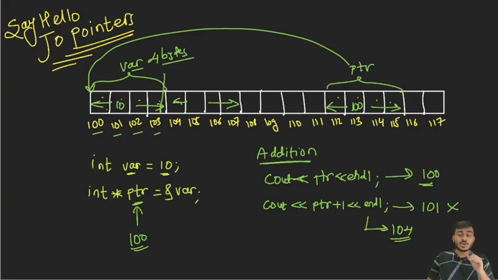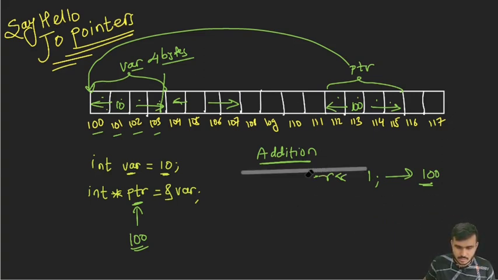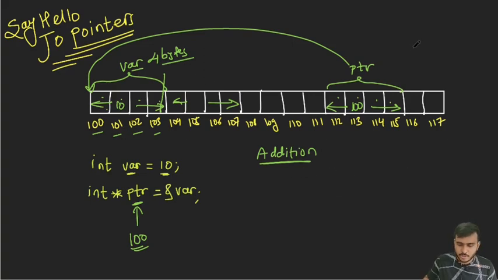Okay, so we can create a general formula for the addition operation on a pointer. Let me erase these lines and write the formula. So what is going to be the formula?